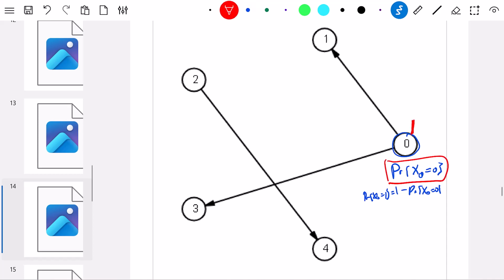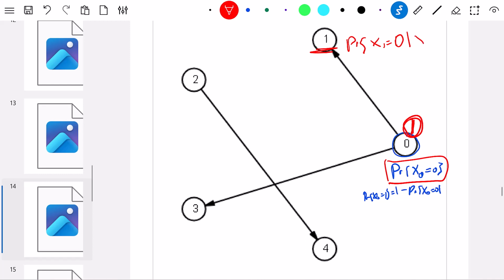So we have 1 here, and now this one, x1. For the same reason we only care about x1 being 0, since x1 being 1 we can compute as 1 minus this. But we are conditioning on the parent.